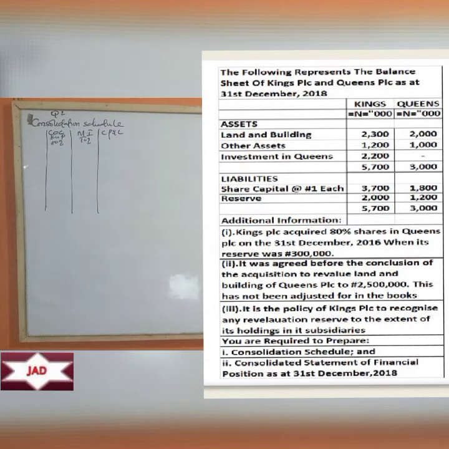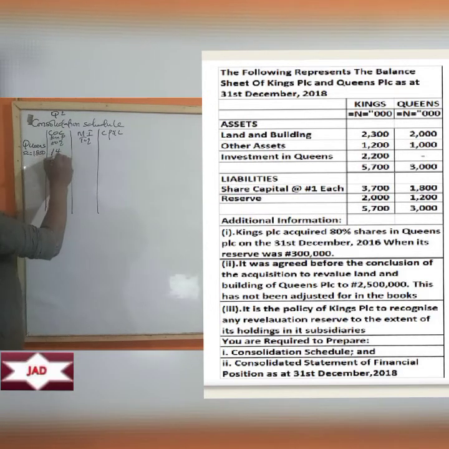Share capital of Queens there is 1,800. 80% of 1,800, what do you have? We have 1,440, and 20% is what?